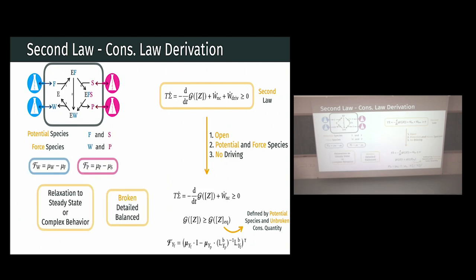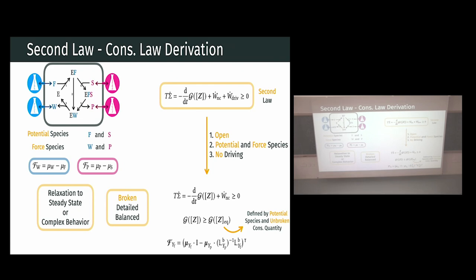Instead now, if I chemostat also the force species W and P, I create a non-conservative force, and unless by chance the chemical potential of the force species is exactly equal to the chemical potential they would have if I was chemostating only the potential species, unless that happens, I have a non-conservative force keeping the system out of equilibrium.